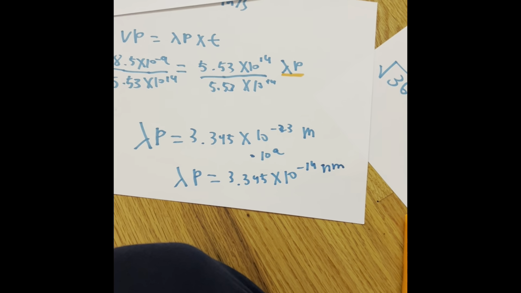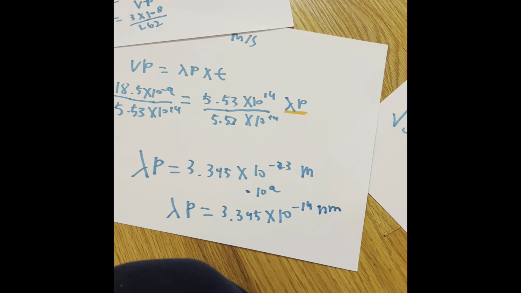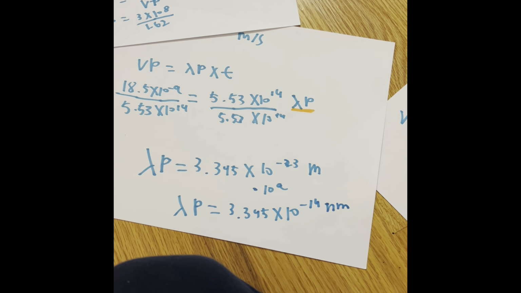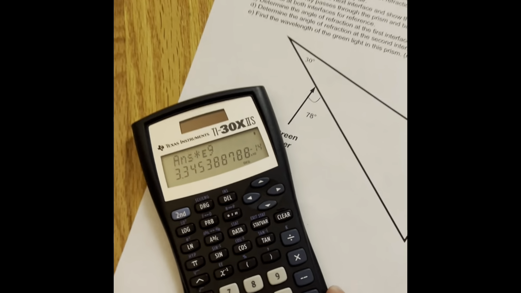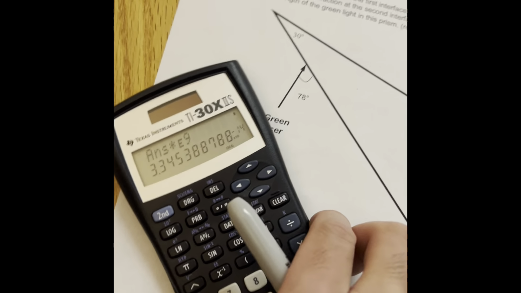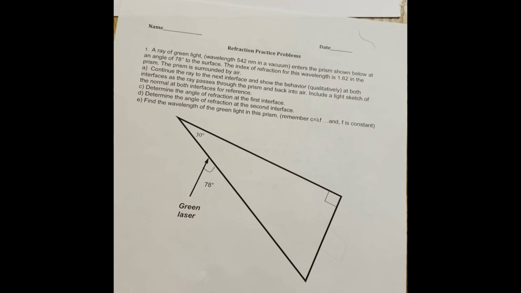That is going to be the wavelength inside the prism for the green light. So yeah, we have done that. Oh yeah, we did use a calculator to solve it out. Well, you kind of had to use a calculator.